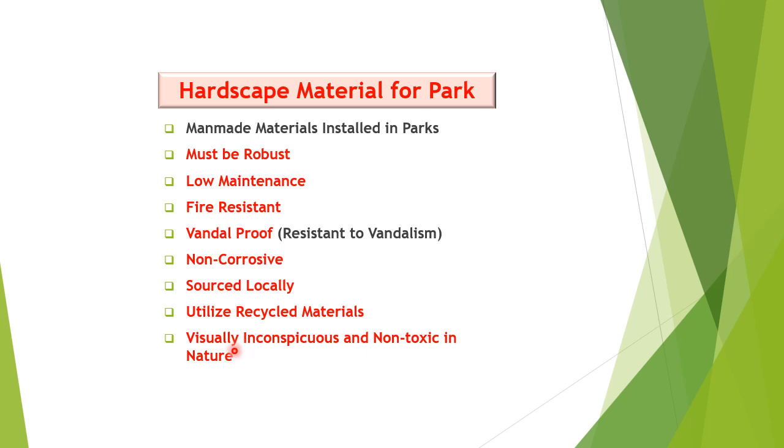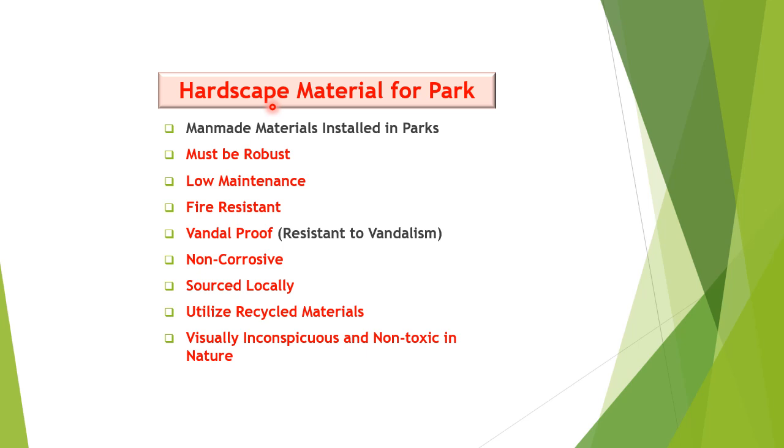That means your garden, your park, will have two components: a hardscape component and a softscape component. In the softscape component, we have seen the vegetation, trees, shrubs, ground cover, and then the flowers.